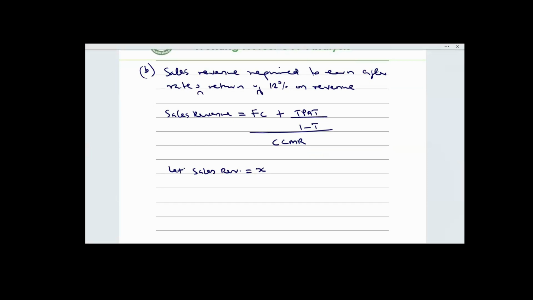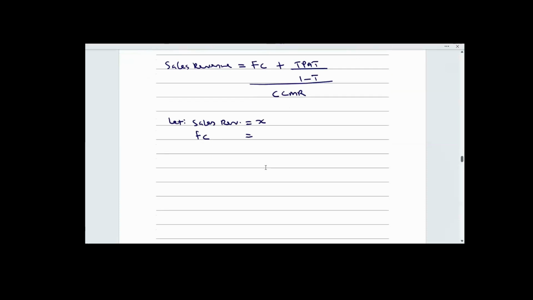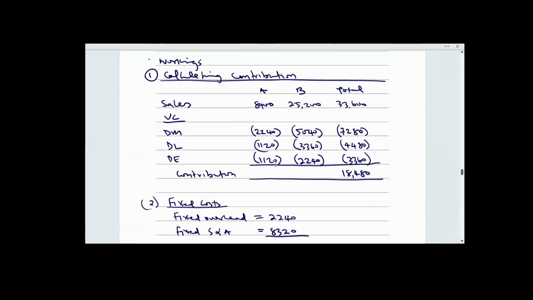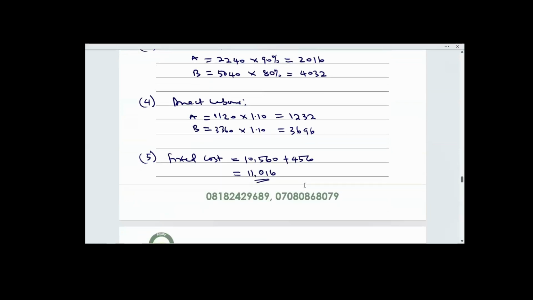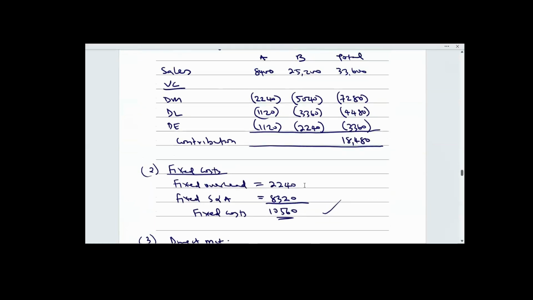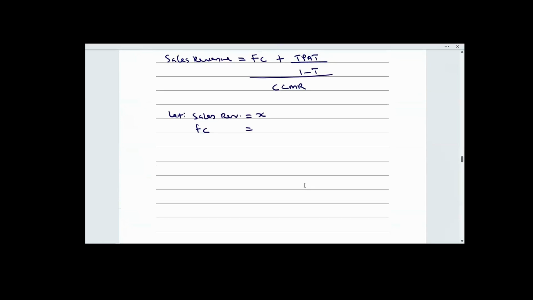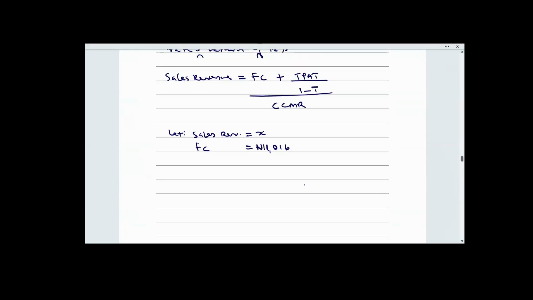My revised fixed cost, I know it. I've done the calculation. I think that's working number 5: 11,016. That's my revised fixed cost. Then the targeted profit after tax, the examiner has told us it's 12% on revenue.